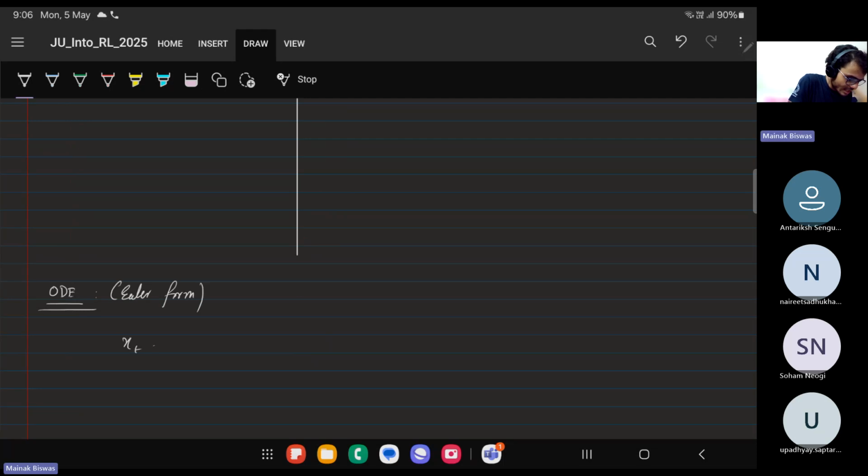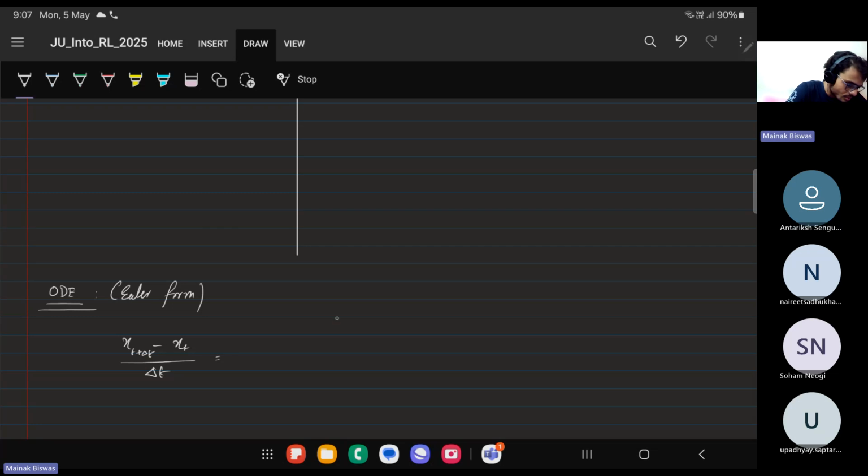First, tell me, x(t+1) minus x(t) by some parameter, say alpha t, or delta t. What can you write this as? Can anyone tell me? x(t+1) as a function of x, which is basically the first derivative of x.